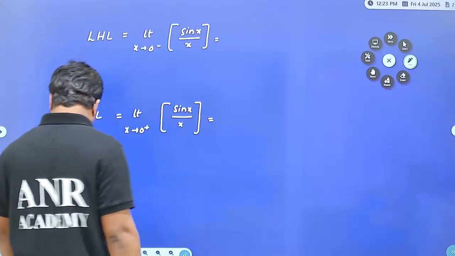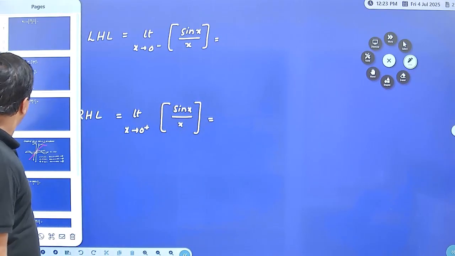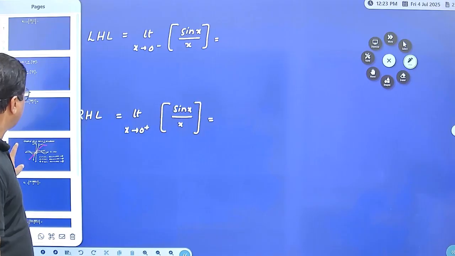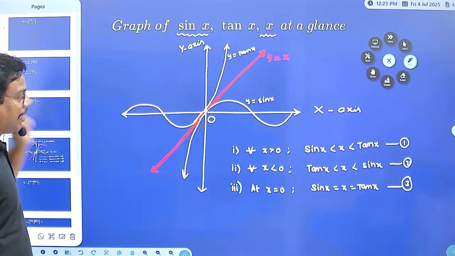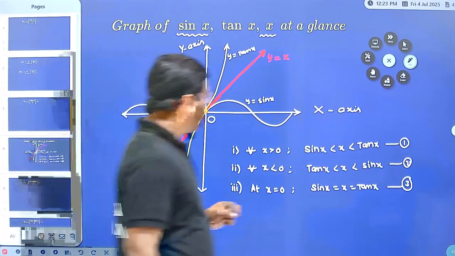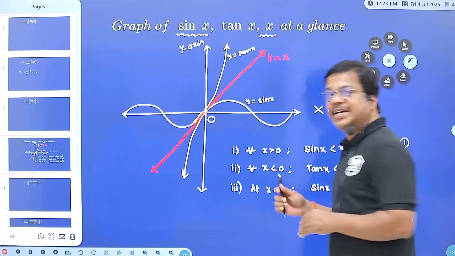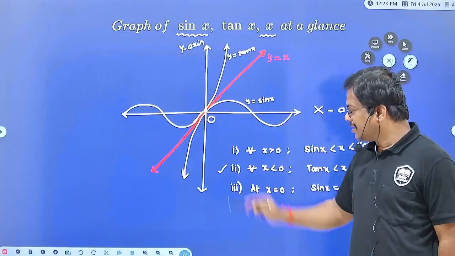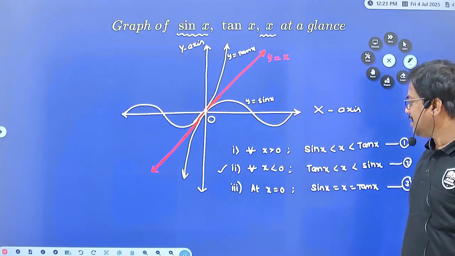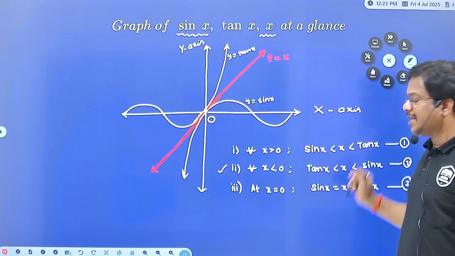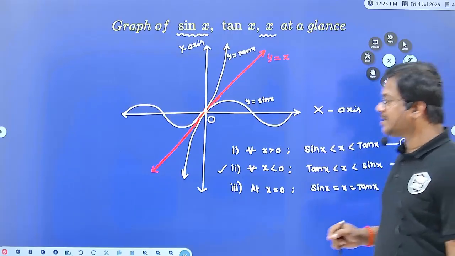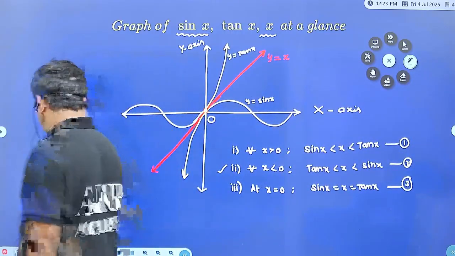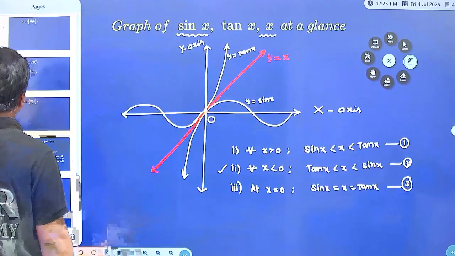Let us observe the diagram of sin, tan, x and their relations. Left hand limit, left side of 0. Yes, see here, left side of 0. For all x less than 0, you have the relation tan x is less than x less than sin x. That result I am going to mention now.